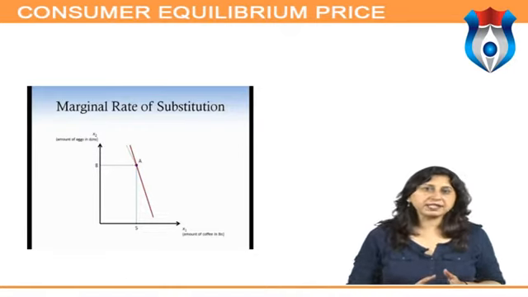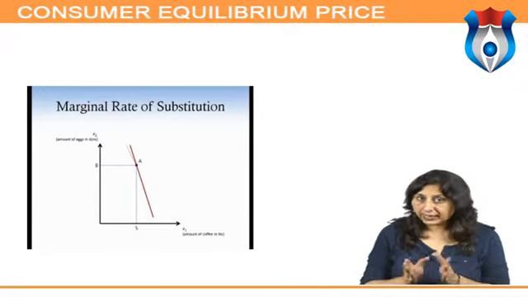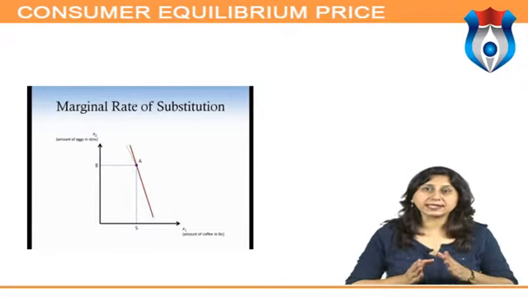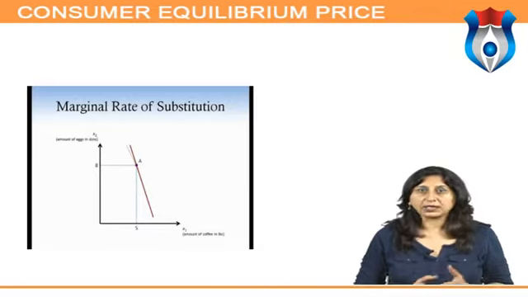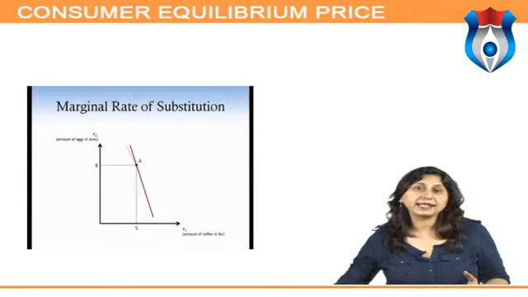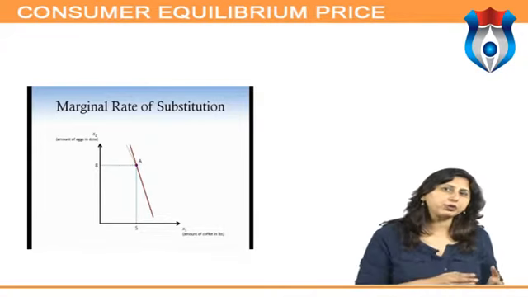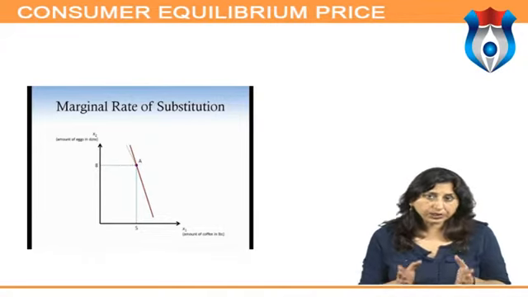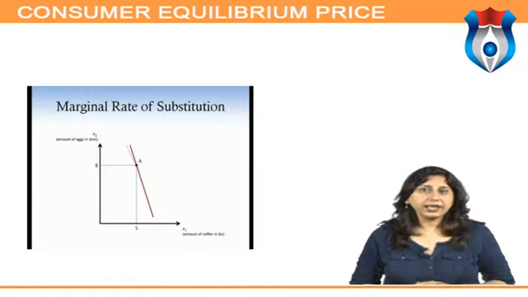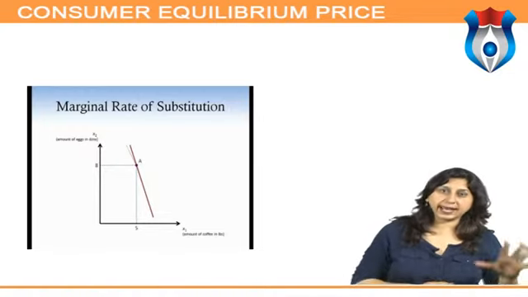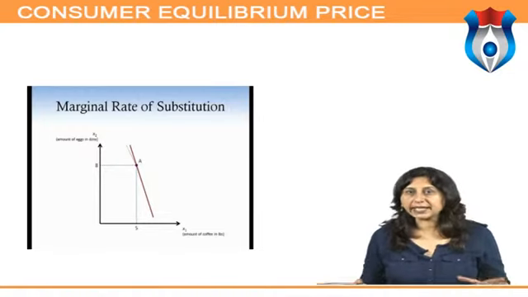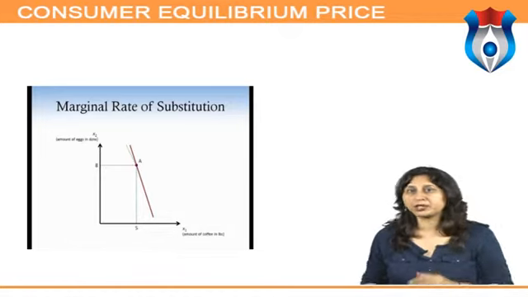Since by the indifference curve's definition each commodity bundle provides the same level of utility, the consumer is willing to give up less and less good Y as he or she consumes more and more good X in order to hold utility constant. This trade-off between goods X and Y along an indifference curve is an important matter.